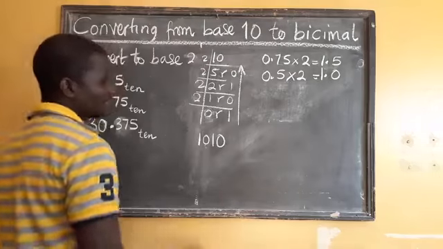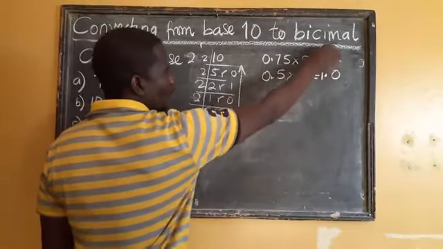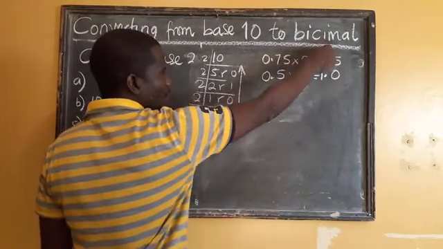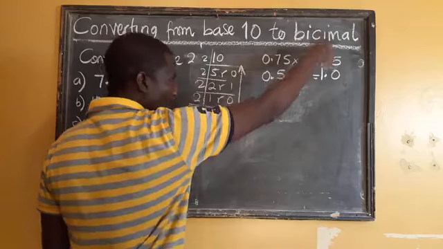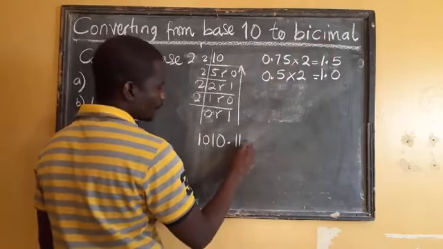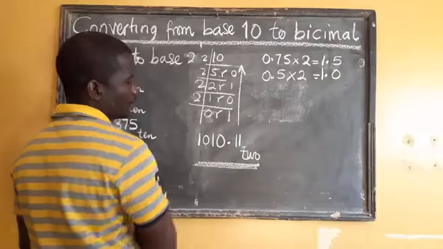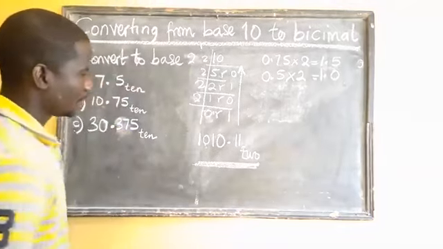So how do we write the final answer here? I hope you are getting it. We'll get the whole numbers and we'll start with this one going down. So it will be 1, 1 in base 2. That is what we are going to get.